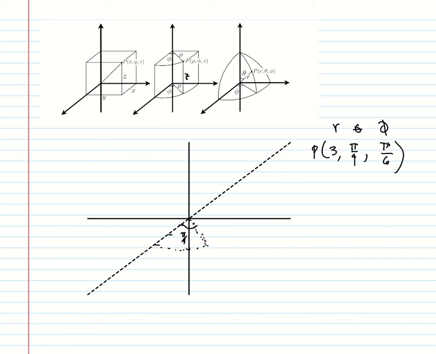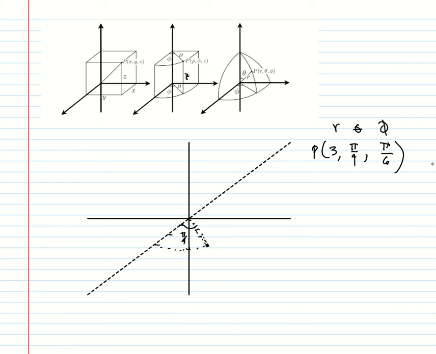So this is 45 degrees, and this is 1, 2, and 3. Then the next step is we need to rotate an angle from the z-axis towards this point here, and that is pi over 6.